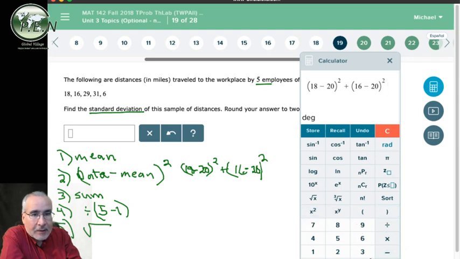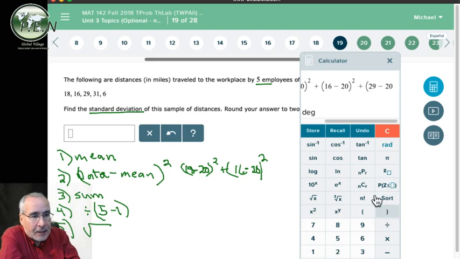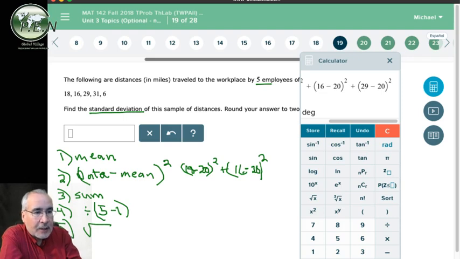We keep going. The next number is 29. Oops, forgot my parentheses. Undo. Parentheses, 29 minus 20. And yes, you could just put 9 squared in there if you wanted to, but I want you to see all the calculations that we have to go through.